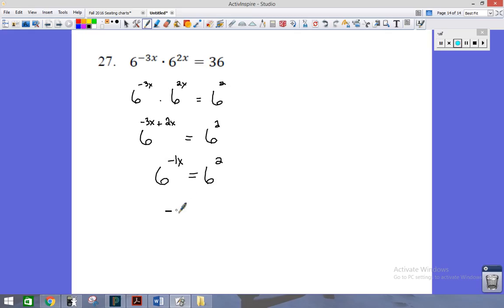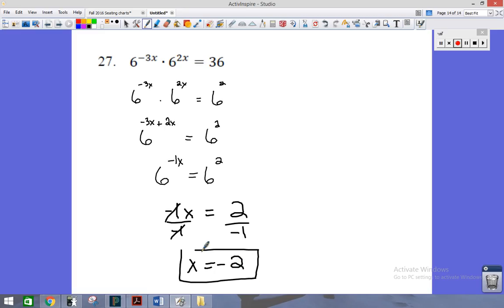And I have negative x, or negative 1x if you want me to write the 1, equaling 2. Well, I can divide both sides by negative 1. And negative divided by negative is positive. They cancel. And a positive 2 divided by negative 1 is negative 2. And there's my answer.